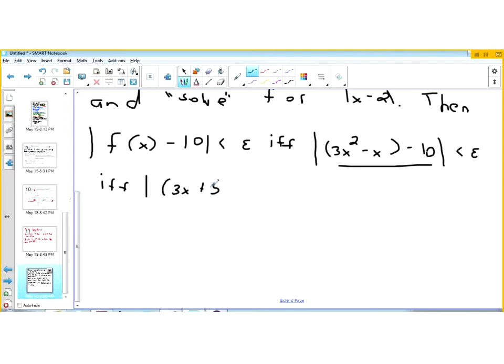Okay, and this is true if and only if, now I'll go ahead and factor this quadratic. In factoring it we have if and only if the absolute value of 3x plus 5 times x minus 2 is less than epsilon.